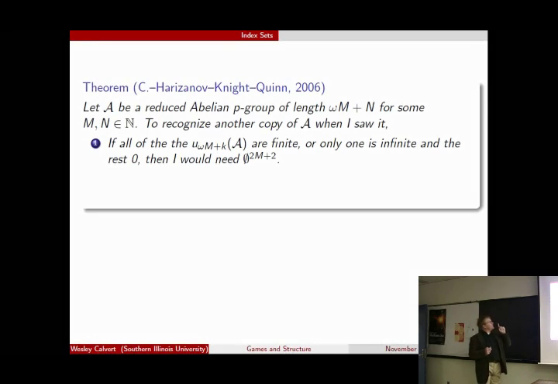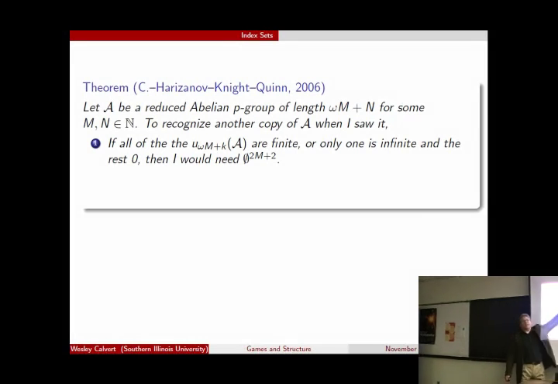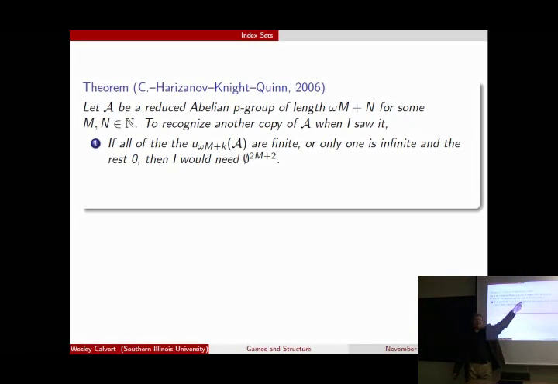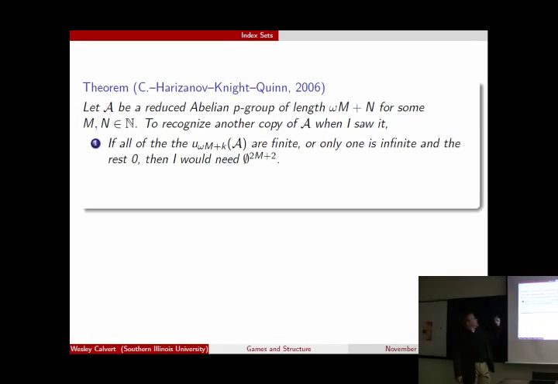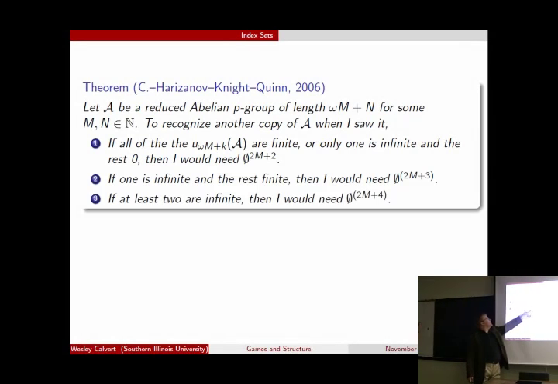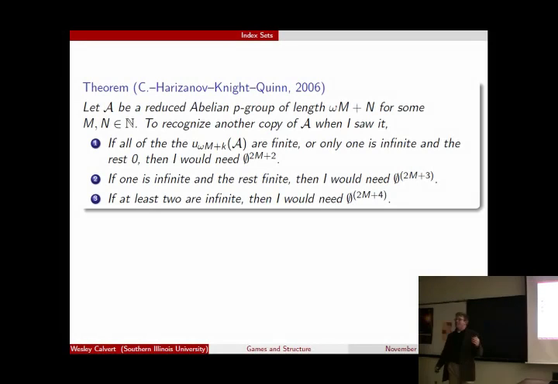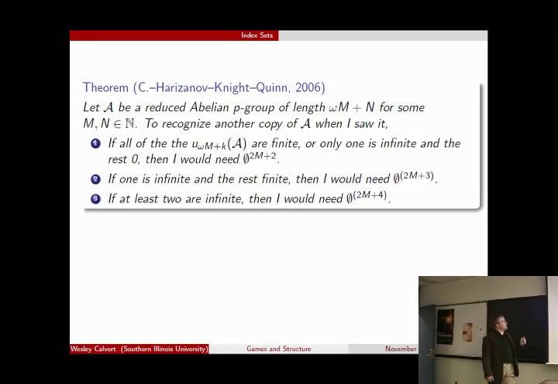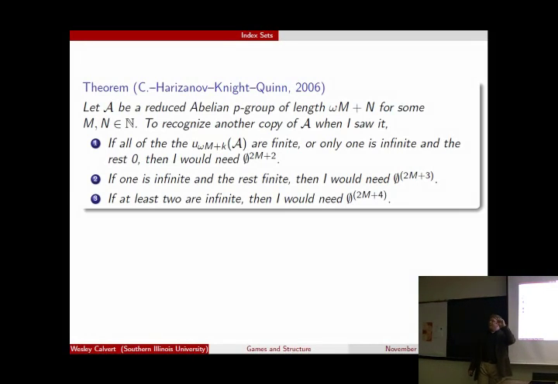So, if you have a reduced Abelian P group of length so much, and notice that we're still below omega squared, exactly because of the hang-up with that Kissimiev result, then to recognize another copy, well, depending on what the element variants are, it's going to be either 2m plus 2 jumps, or 2m plus 3 jumps, or 2m plus 4 jumps, depending on whether the element variants up top are finite or infinite or zero.